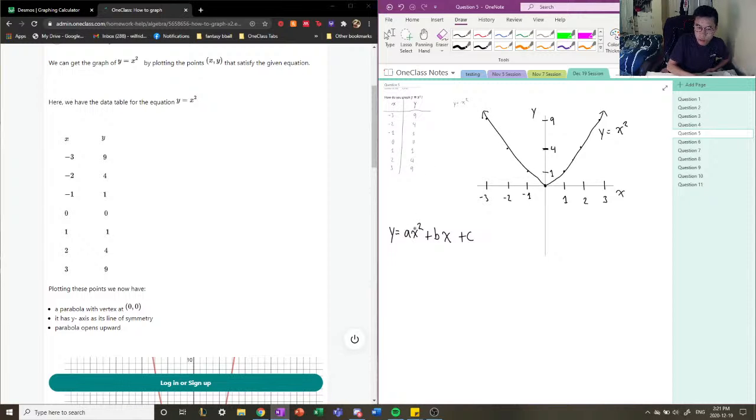For example, the coefficient a helps us understand how much we scale our parabola by, and the sign of a tells us whether the parabola is concave up or concave down. C tells us where the y-intercept is, where the parabola intercepts the y-axis.